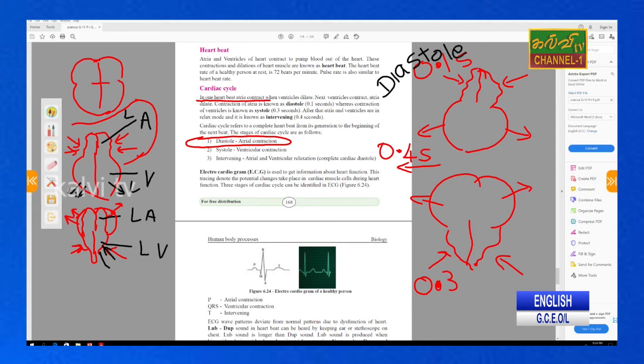Another one is systole. Ventricle contraction is systole, right? In the gap between, the resting point, they said relaxed mode, and it is known as intervening.